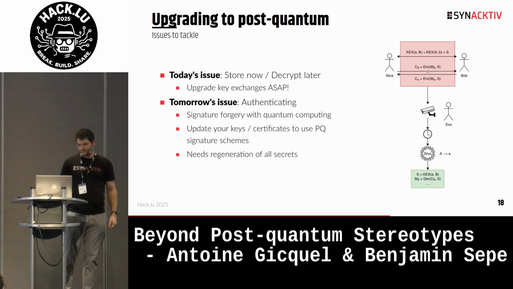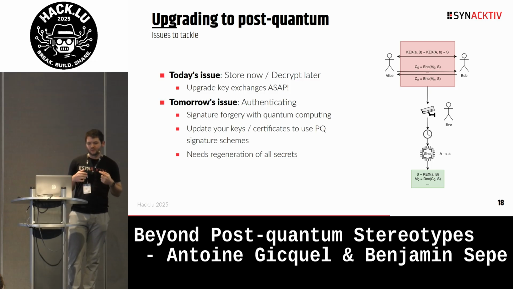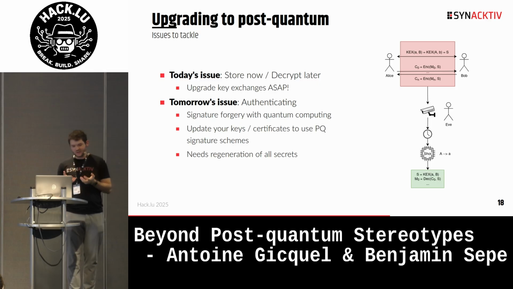With our current algorithms, what is to be expected if we don't do anything? We have 2 issues mainly. The first one is the store now, decrypt later issue. It has to do with key exchanges.